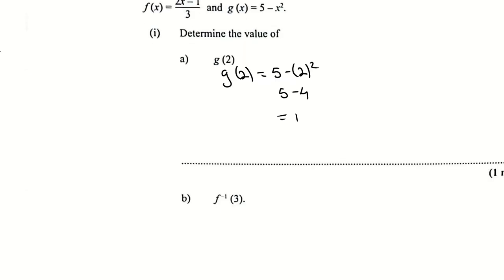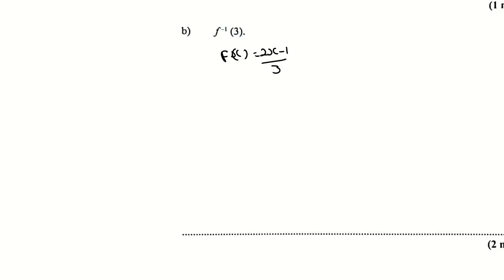Now this one, we need to find the inverse first and then, right? So f of x is equal to 2x minus 1 all over 3. First things first, you are going to make this be y. y is equal to 2x minus 1 over 3. Interchange x and y.